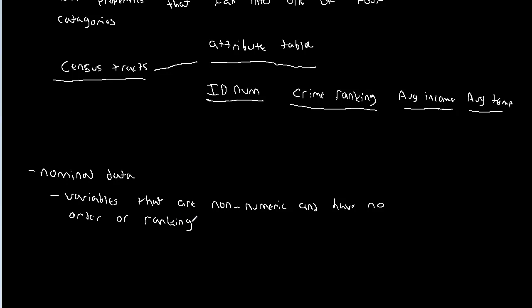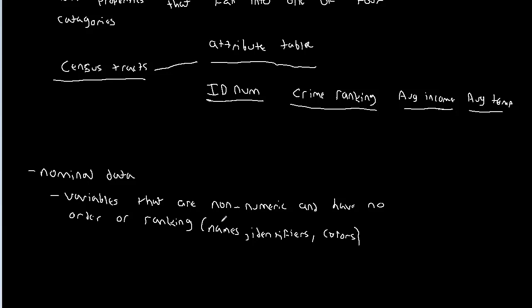Right? Variables that are non-numeric and have no implied order or ranking. So this would be variables that are basically names or identifiers, right? So things like names, identifiers, colors, right? Things where they're non-numeric. We can't do math on them, right?